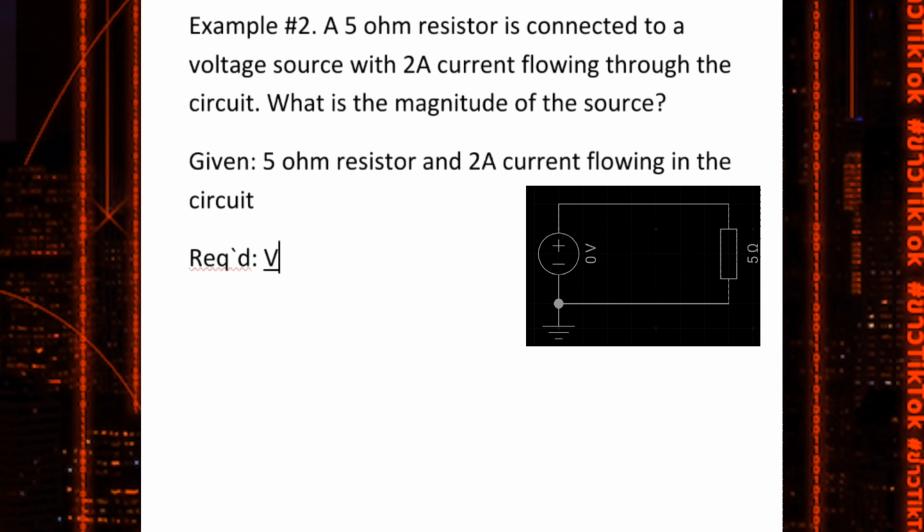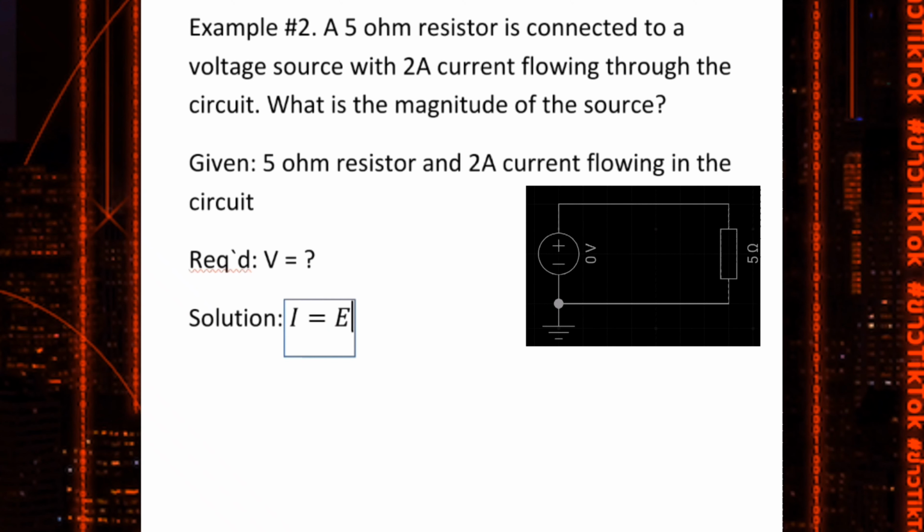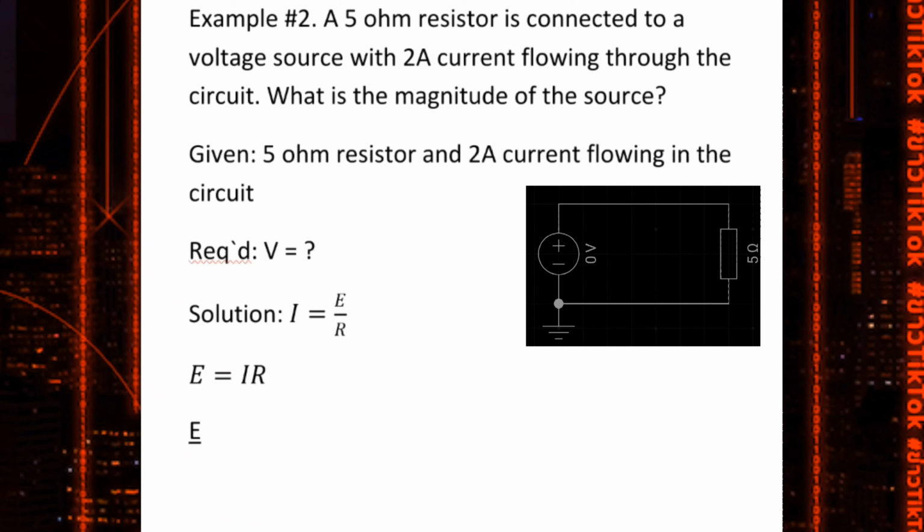Given a 5 ohm resistor and 2 amperes of current flowing through the circuit, use again the first formula I is equal to E over R. Then manipulate it, and we have E is equal to I times R. Using the givens, 2 amperes multiplied by 5 ohms, we have 10 volts.